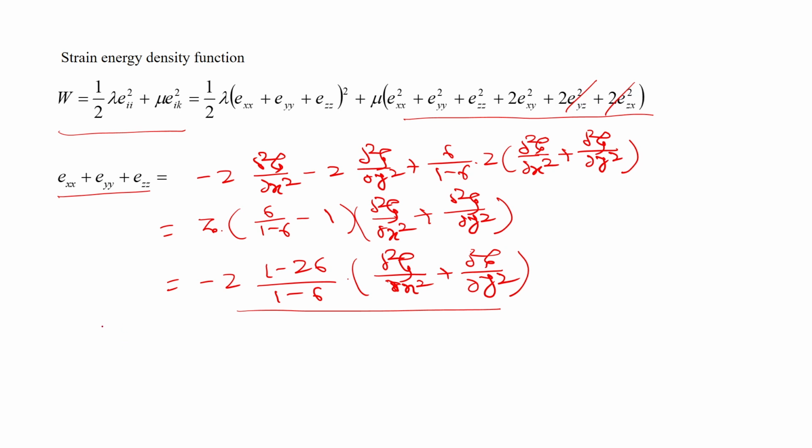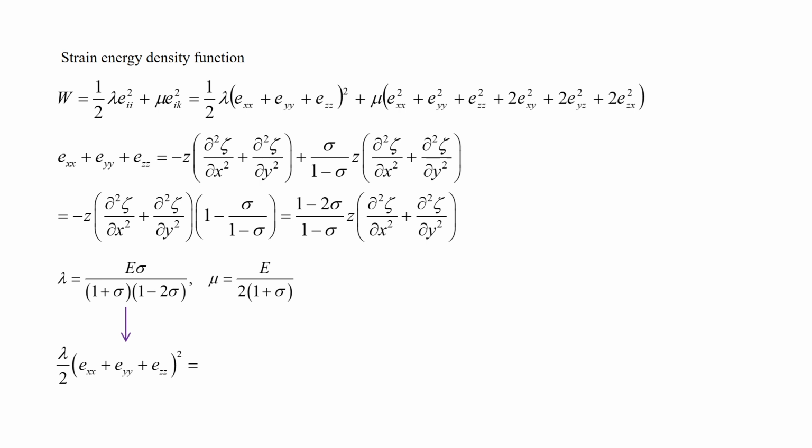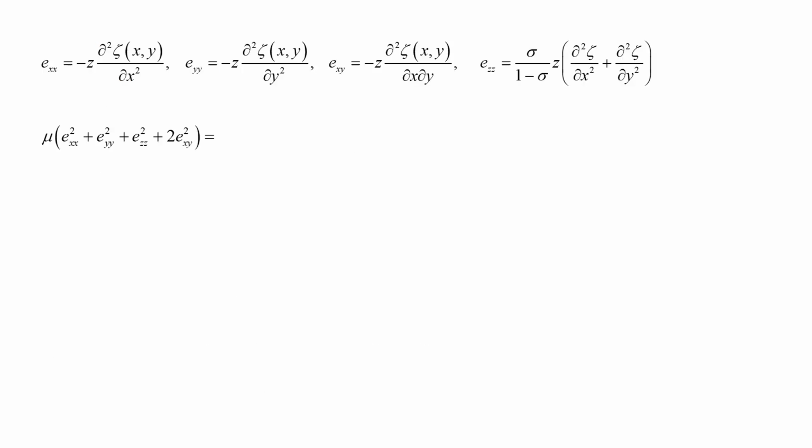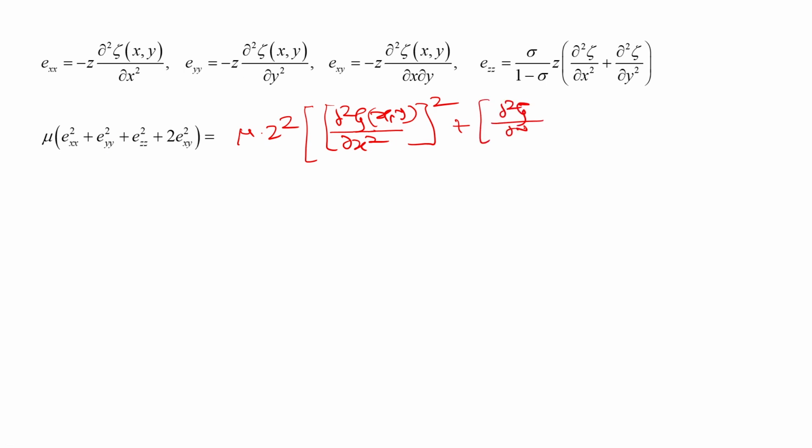So Exx square plus Eyy square plus Ezz square. So here let us do that. So Exx square is equal to, okay, mu into this, so mu and Exx square, so z square, and Exx is del square zeta by del x square. Remember this is a function of x and y. Every time I am not going to write it, square, and then plus this is Eyy square. So it is del square zeta by del y square, and then plus this is Ezz square.